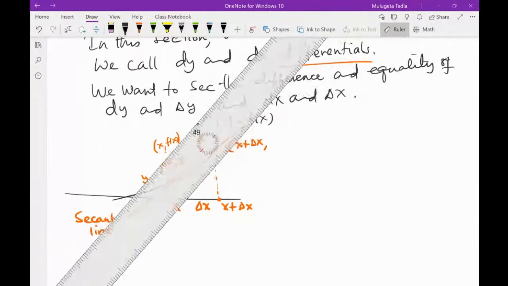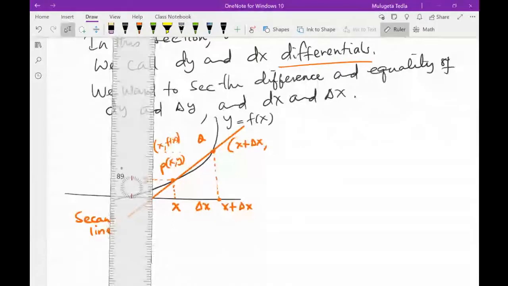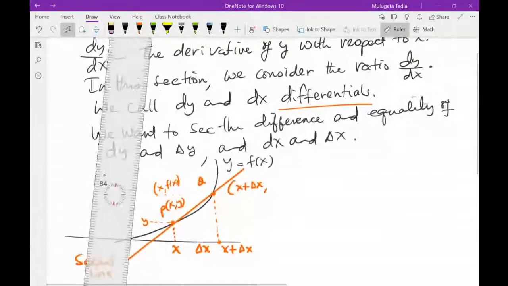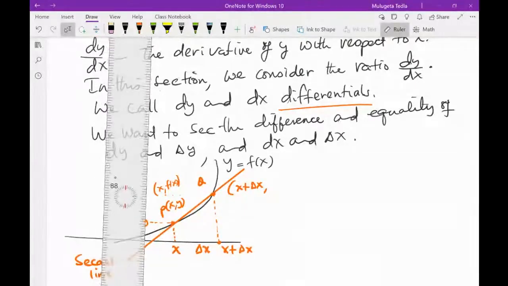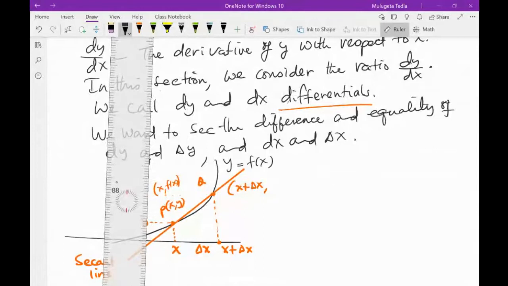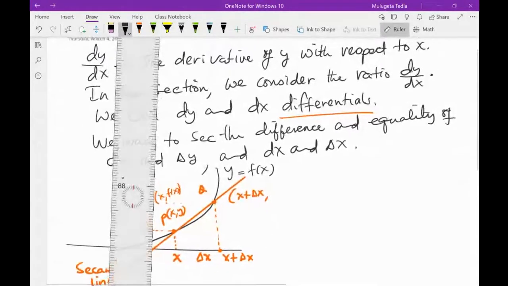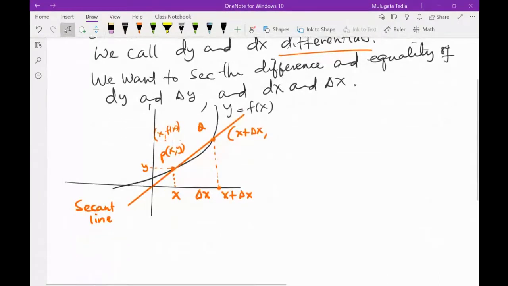For any change in x, it produces a change in y.